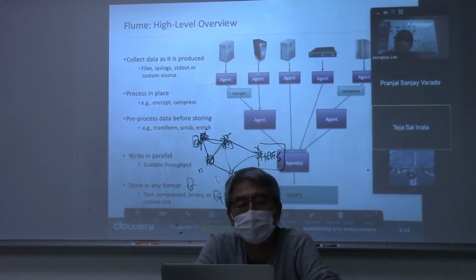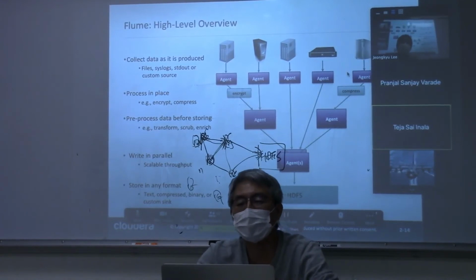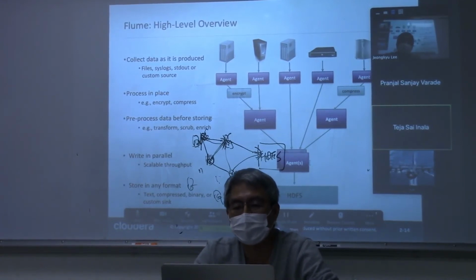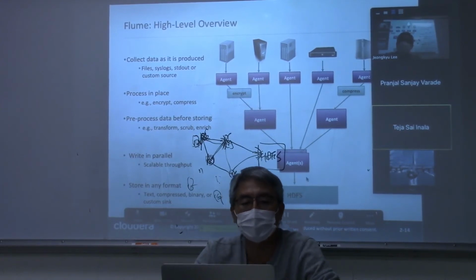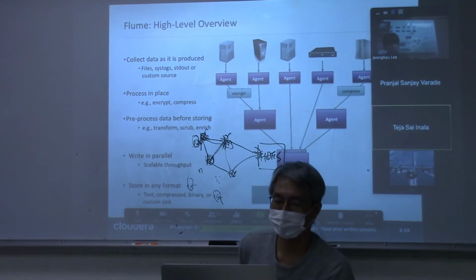So this is a very high level overview of Flume. You can see that there's an agent program for each server, then they combine into one, and eventually there's an agent in the middle, and finally the data is stored at HDFS. Okay. So this is Flume.